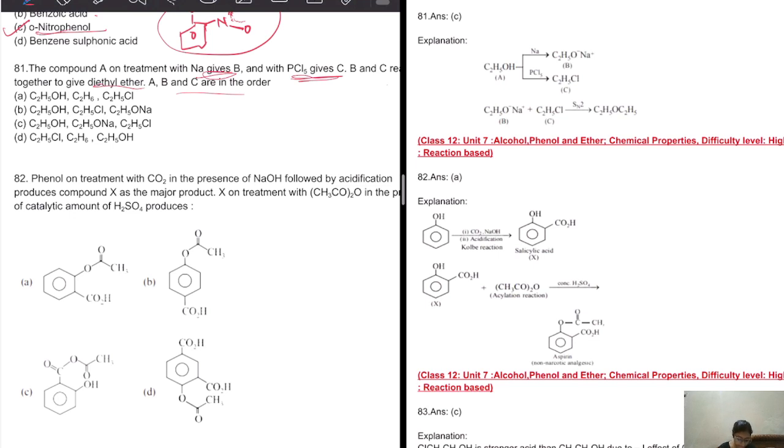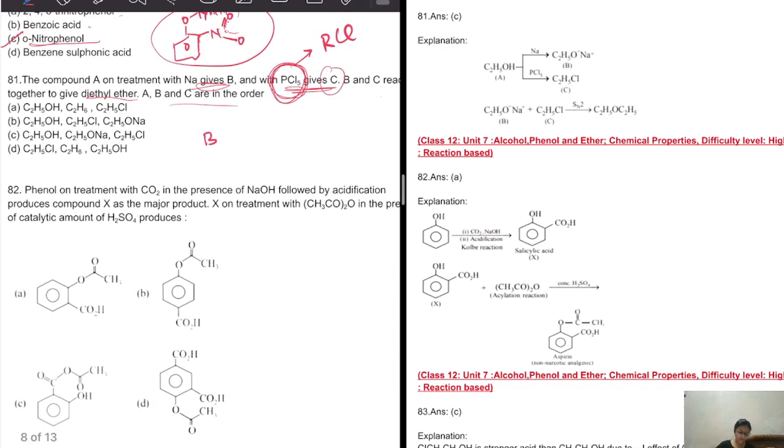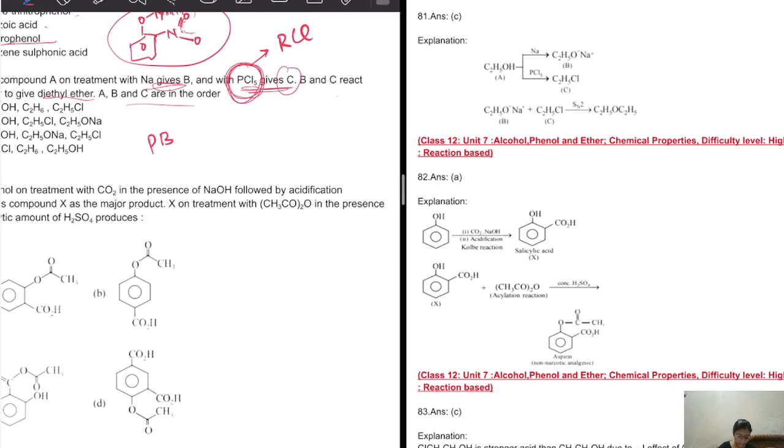If with Na it is giving B, and with PCl5 it is giving C, this is a very common reaction for the preparation of alkyl halides. So we have RCl here. We do not know what our substrate is first, so let's consider it R. And here we have RONa.